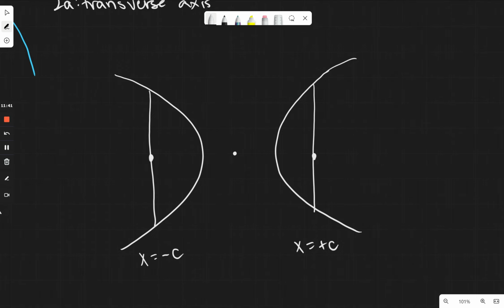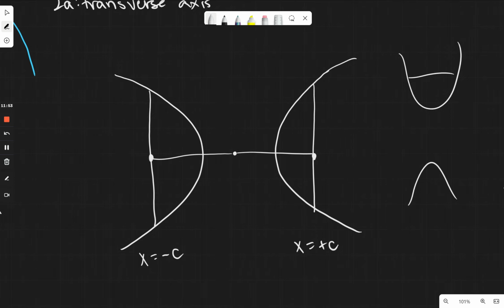It's this entire segment here, and we're just going an x distance of C away, because it goes through the focus. Now, of course, if we had a vertical hyperbola, that would just mean that the y distance changes by C, right? But what about the endpoints?